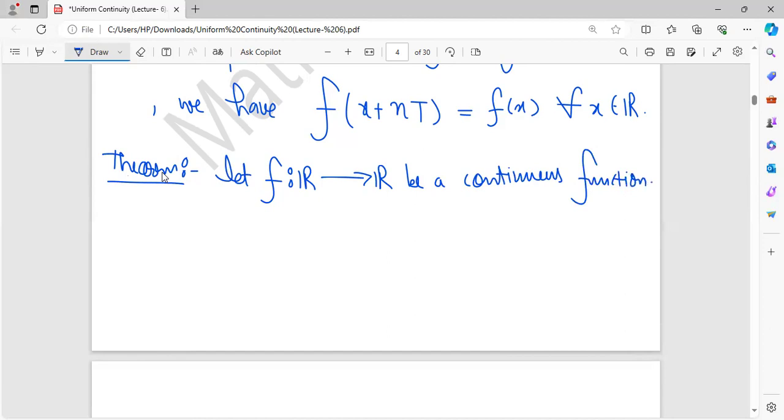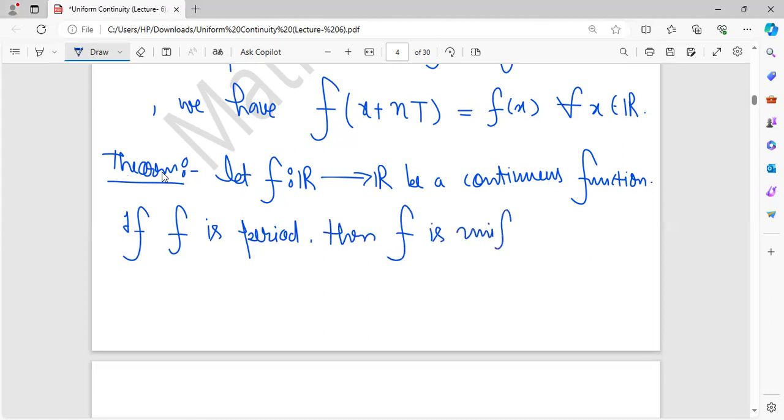If f is periodic, then f is uniformly continuous on R. So every continuous and periodic function on R is going to be uniformly continuous.